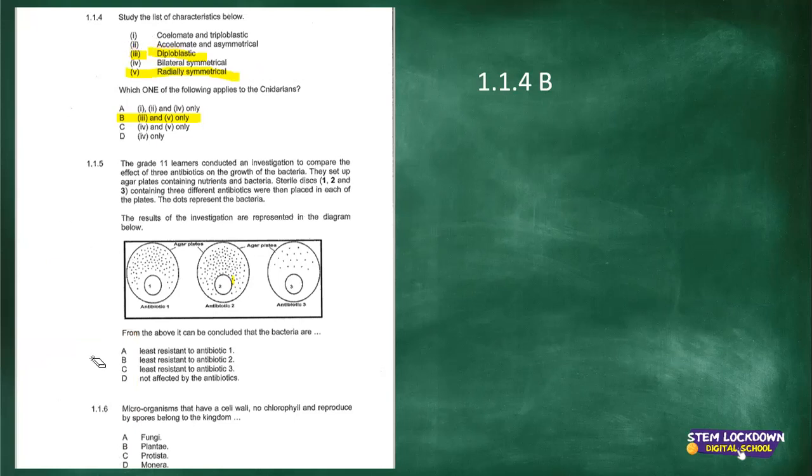Okay, next question is, the grade 11 learners conducted an investigation to compare the effect of 3 antibiotics on the growth of bacteria. They set up agar plates containing nutrients and bacteria.